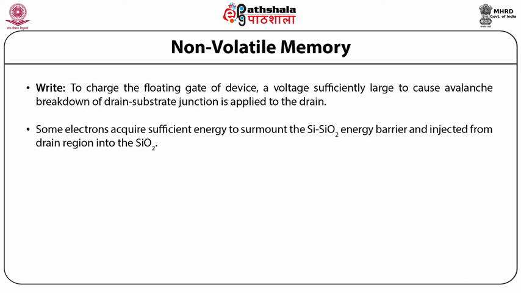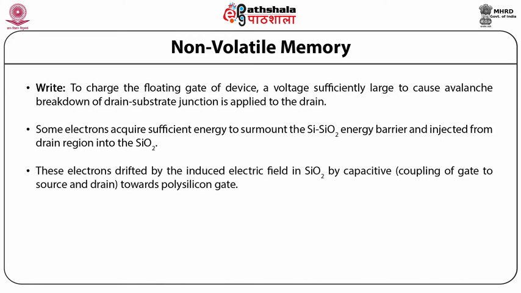Some electrons acquire sufficient energy to surmount the Si-SiO2 energy barrier and are injected from the drain region into the SiO2. These electrons are drifted by the induced electric field in SiO2 towards the polysilicon gate. This injection process is called avalanche injection.